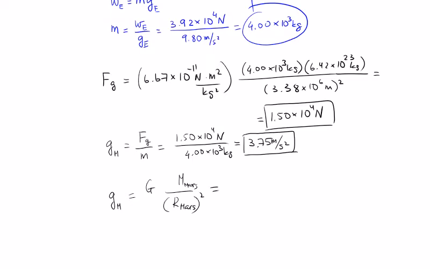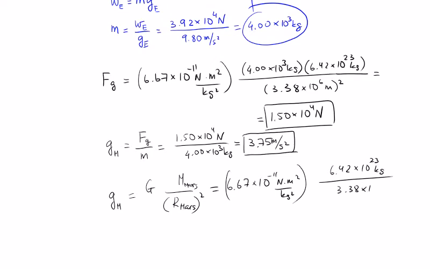And if you plug it in, 6.67 times 10 to the negative 11 newtons times meter squared over kilogram squared, times 6.42 times 10 to the 23 kilograms, divided by 3.38 times 10 to the 6 meters squared, this will give us the same value of 3.75 meters per second squared.